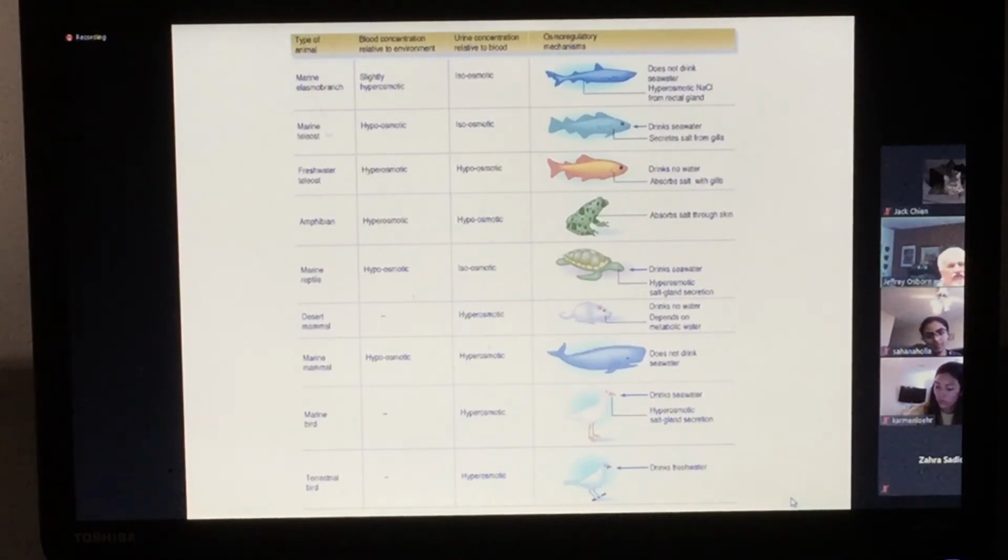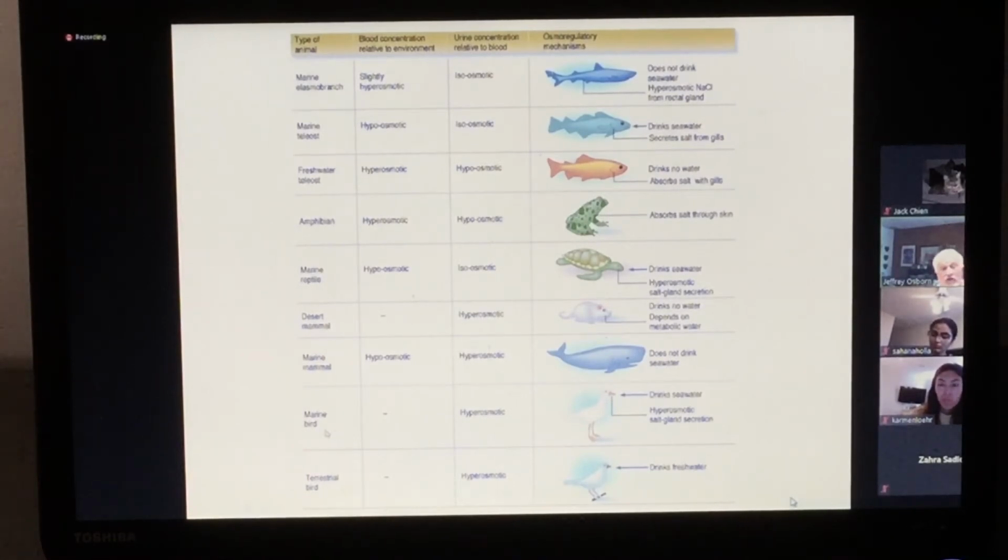And this tells you their blood concentration relative to their environment and their urine concentration relative to the blood. And over here on the right it tells you a little bit how they go about regulating their intracellular and extracellular fluid volumes, whether they're a marine teleost, a marine fish, a freshwater fish, or an amphibian that goes between the land and the water environments where they live, et cetera.